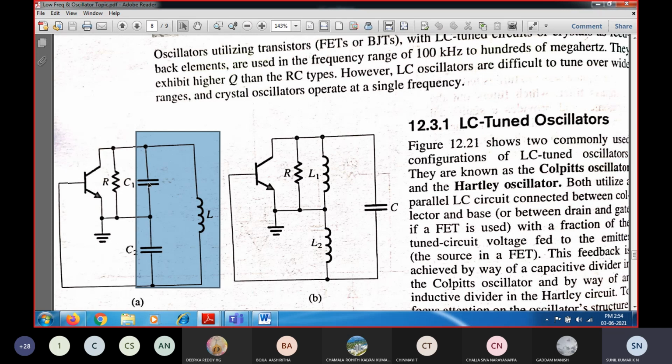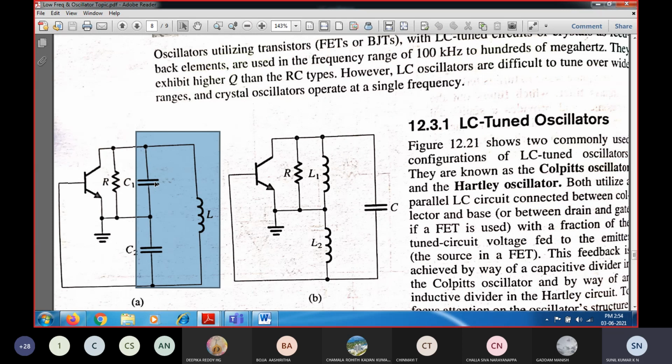So in Hartley or Colpitts oscillators, you will have both inductor as well as capacitors. Easy to remember: Colpitts means two capacitors, because C stands for capacitor. And Hartley, you should remember the SI unit.